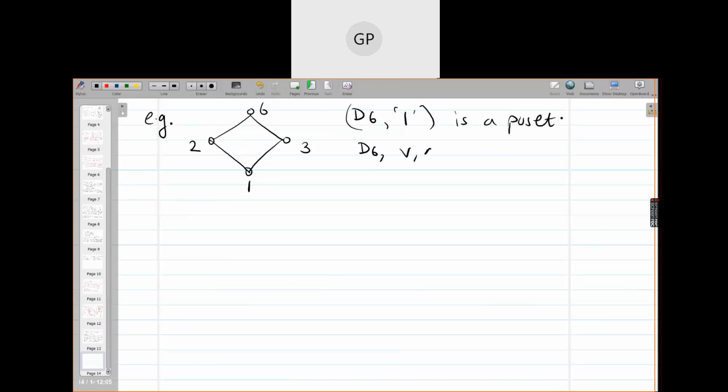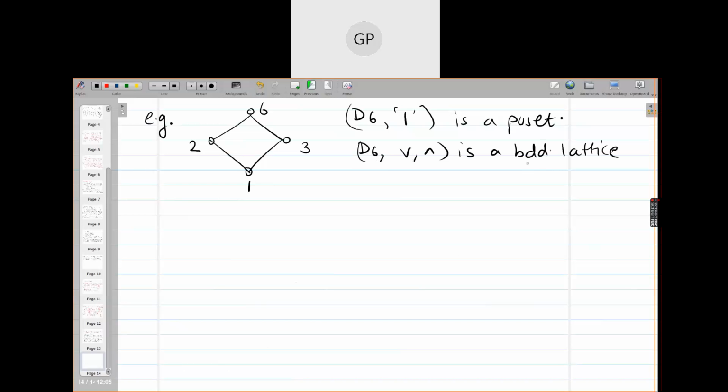For example, let us consider D6. D6 with divides is a poset, and D6 with join and meet is a bounded lattice.